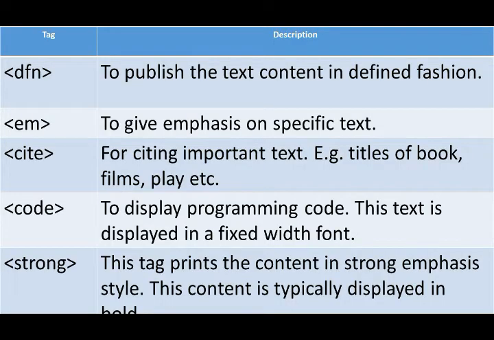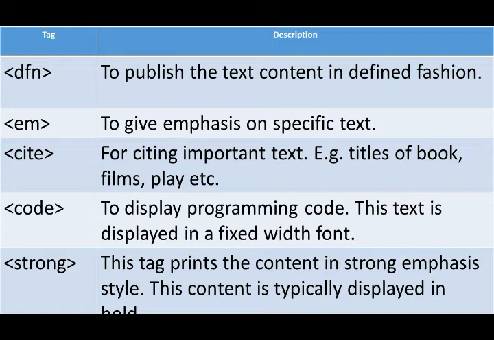Now we are going to see a logical style tag table, wherein on the left hand side you can see the tags and on the right hand side its description. So first is DFN. This tag is used to publish the text content in a defined fashion. Second one is EM. We have seen this example. It is used to give emphasis on specific text. Third one is cite.